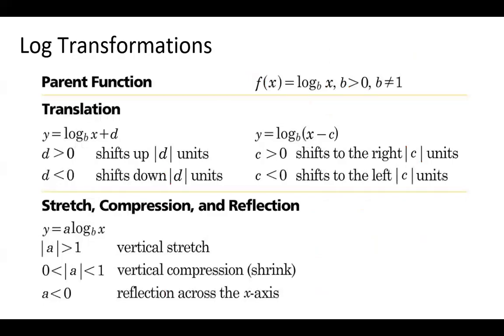So when we look at our transformation of our parent function, all the transformation rules are going to be the same. So putting it all together, I'm sorry, let me write log, not an f.